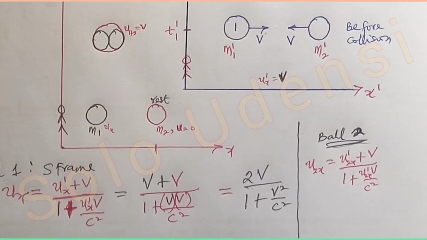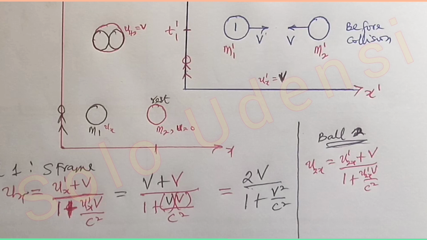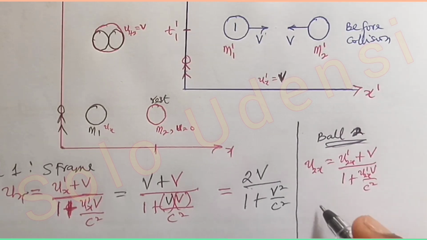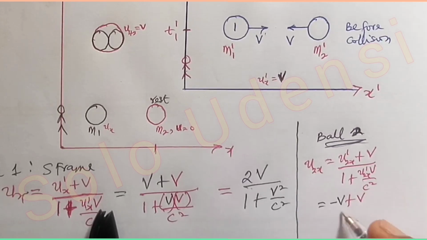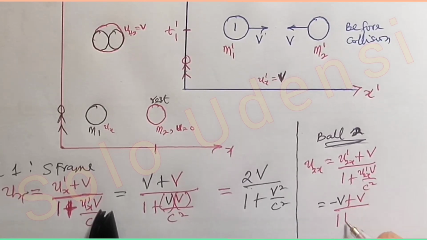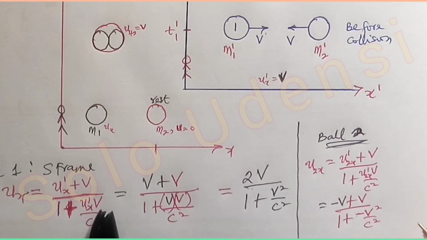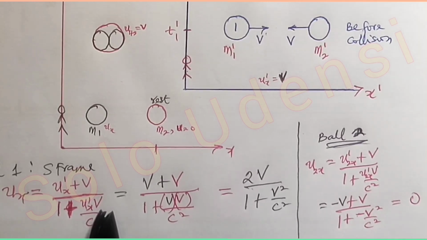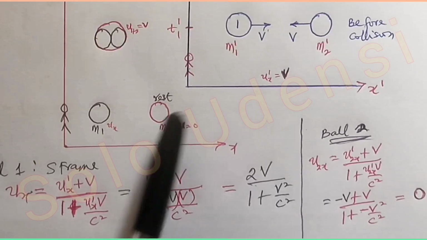So this one is moving in the negative direction, so it is minus v plus v all over 1 minus v squared over c squared. Of course, you know that this is 0 on top. So it's 0. So we have confirmed that he will see 0 on this one.